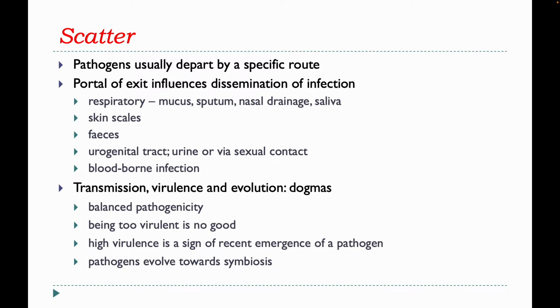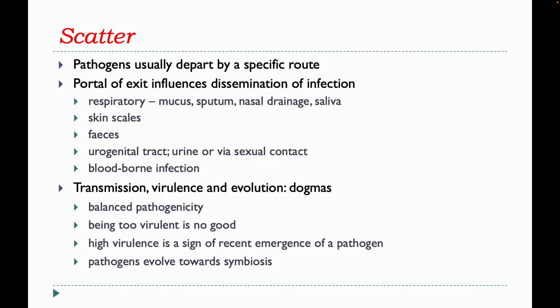And there's a whole raft of philosophical issues here as to why do bacteria cause disease in the first place? There's this idea of balanced pathogenicity, and this has come to the fore also when people are discussing SARS, SARS-CoV-2 and COVID. Is the natural state of things for there to be a balanced pathogenicity, where it's not really in the interest of the pathogen to cause any more trouble than it needs to just to get on, and that being too virulent is a bad thing for the pathogen?